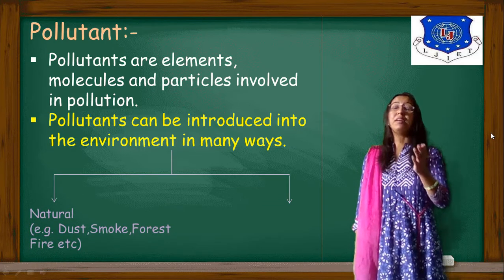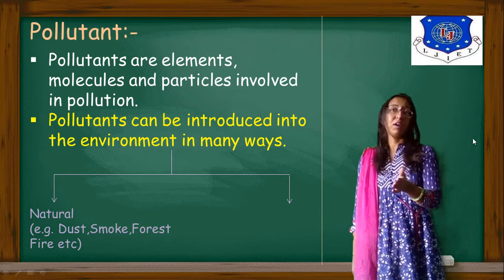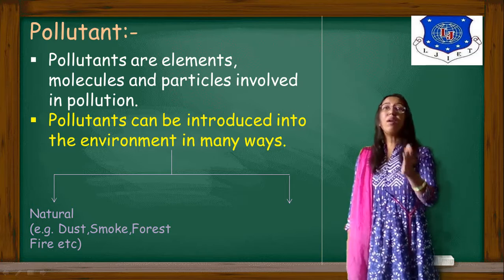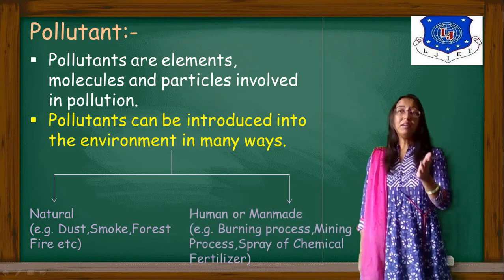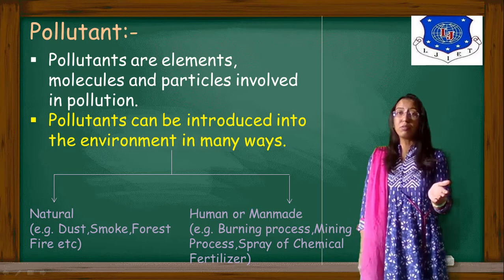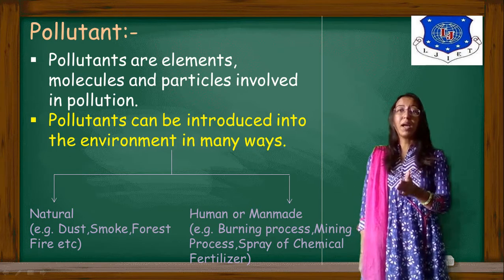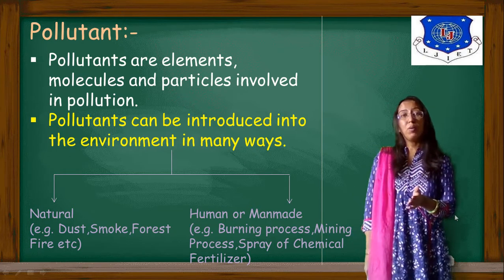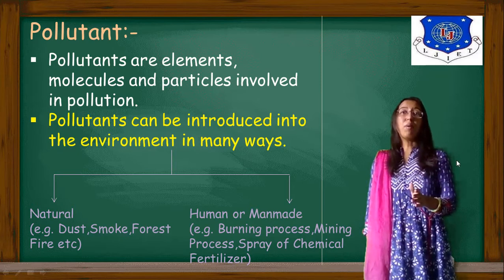For example, dust, smoke, forest fire, etc. These are natural pollutants. Second, human or man-made. For example, burning processes, mining processes, spray of chemicals and fertilizers. So these are human or man-made pollutants.